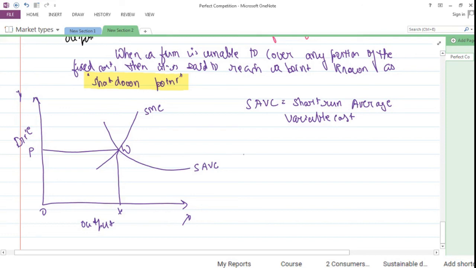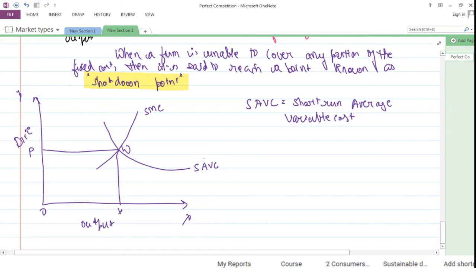But what is the scenario in this case? If I keep on continuing my production, here only I am able to cover my short run average variable cost.